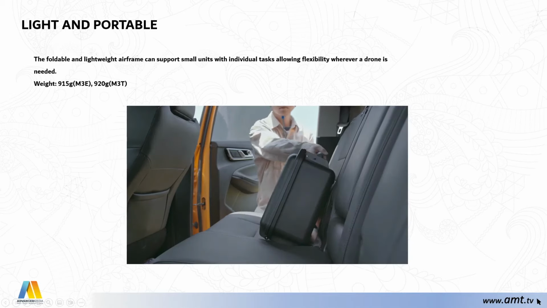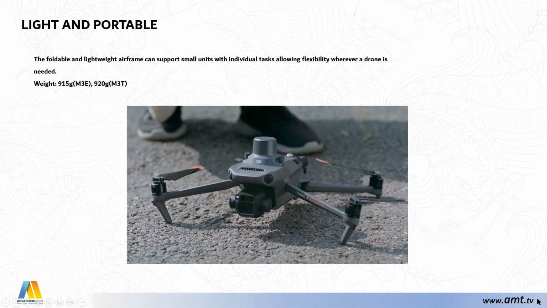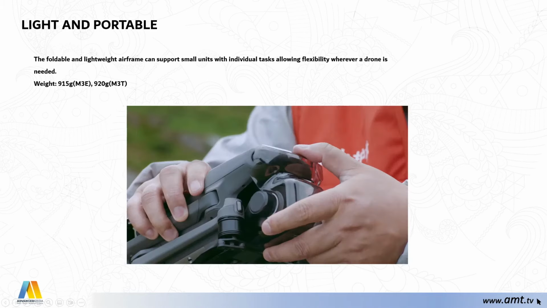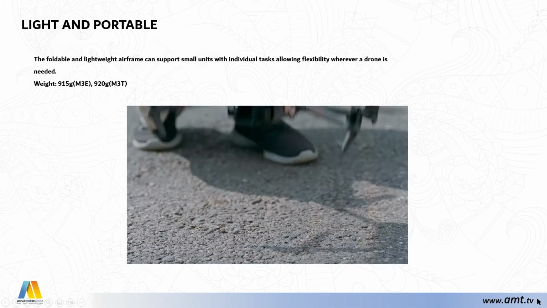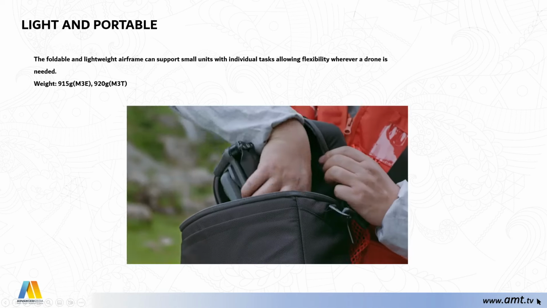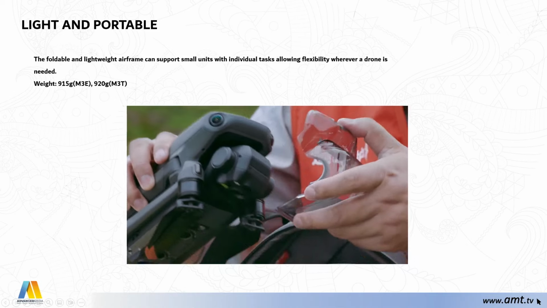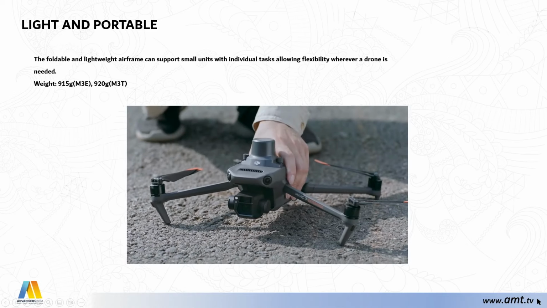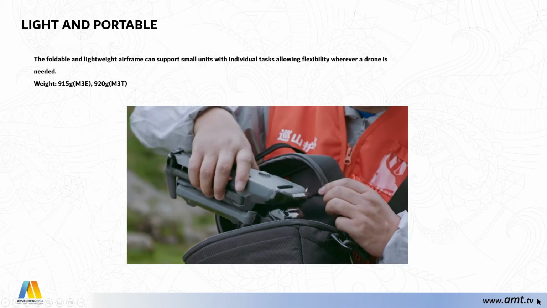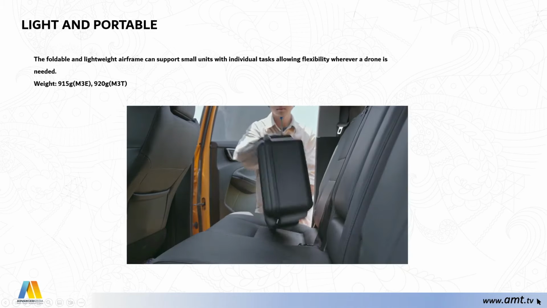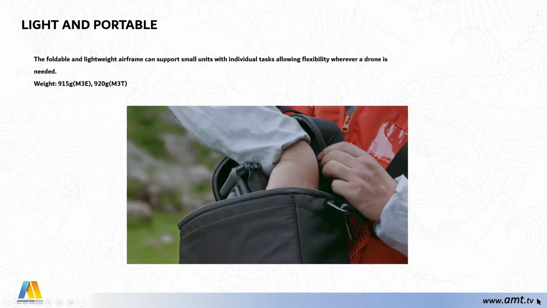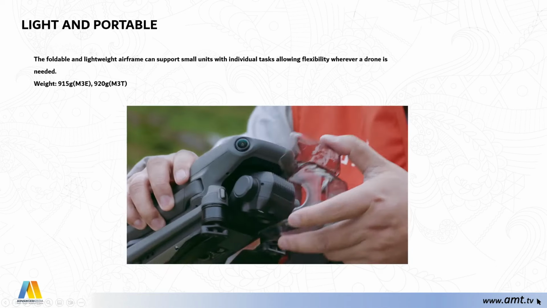We don't need 3 to 4 minutes to mount it, like in the case of the Matrice 300, the bigger drone. With the Mavic 3 Enterprise series, you can see from the video, it's backpack size. It's small, it's portable. It weighs almost 900 grams for both versions. So it is practical in this way, in fast deployment. You can, in 10 seconds, put it on the ground and fly it.